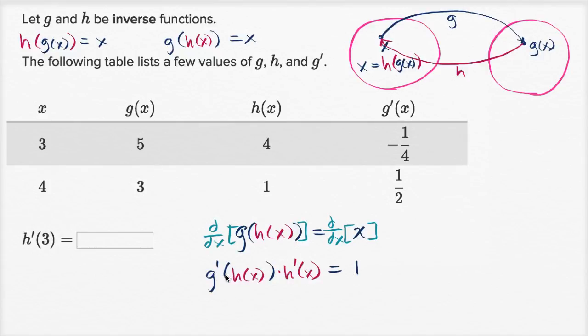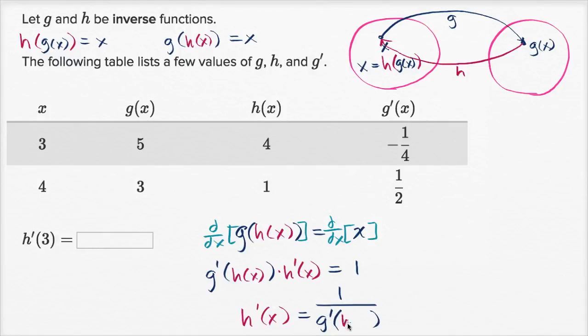So now it's interesting. We need to figure out what h prime of 3 is. We can figure out what h of 3 is, and then we can use that to figure out what g prime of h of 3 is. And so we should be able to figure out h prime of x. Or we could just rewrite it this way. We could rewrite that h prime of x is equal to 1 over g prime of h of x.